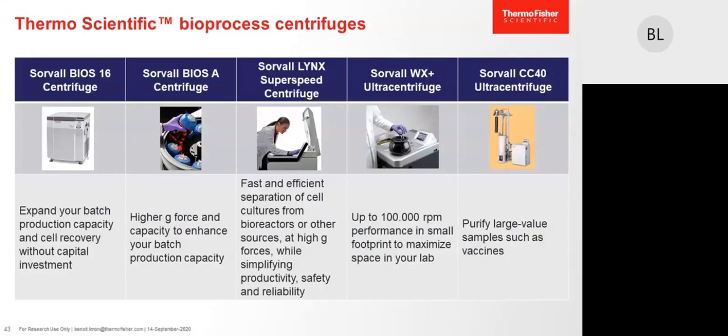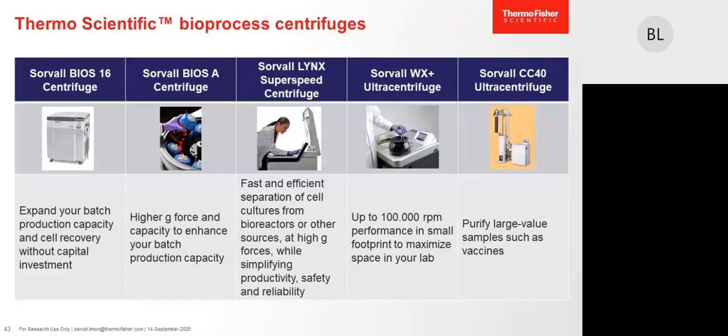The Lynx super speed centrifuge is fast and efficient separation of cell culture from the bioreactor at high G-force, providing a simple, safe and reliable way to clarify your liquid.